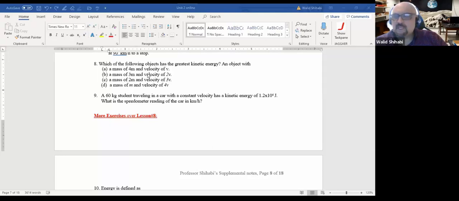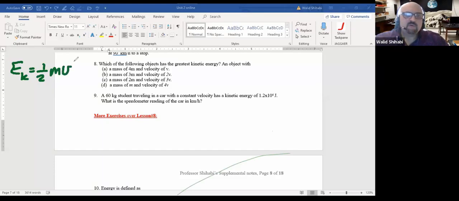Remember, the equation of mechanical kinetic energy is equal 1/2 the mass times the velocity square of the object. So apply this equation on all those choices, choice A, choice B, choice C, and choice D, and determine which one of them has the biggest mechanical kinetic energy.